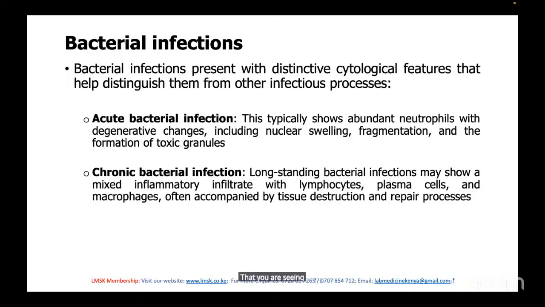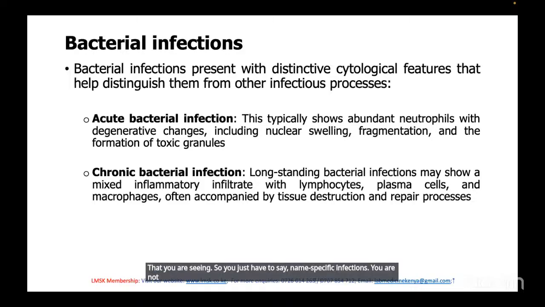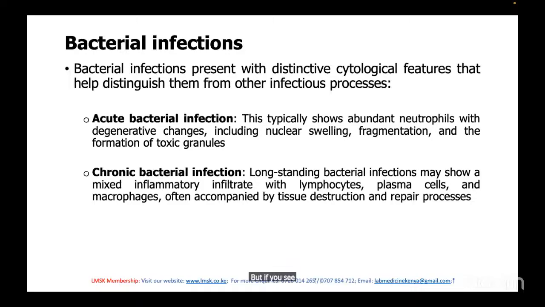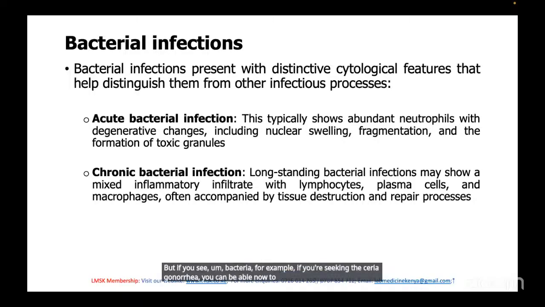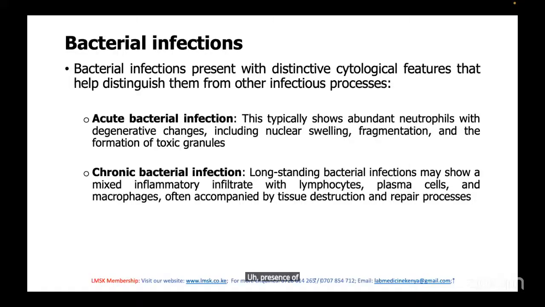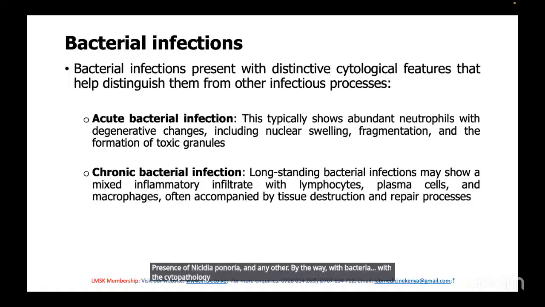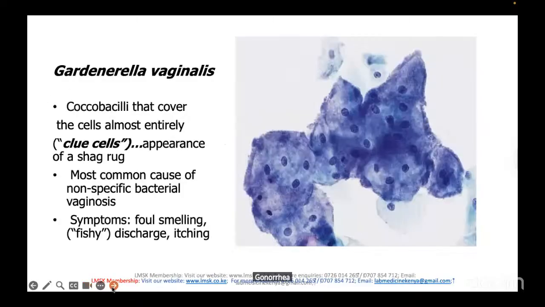So you just have to say non-specific infection. But if you see a bacterium, for example Neisseria gonorrhoeae, you are now able to say the inflammation is due to the presence of Neisseria gonorrhoeae, and any other. By the way, with cytopathology, you can also demonstrate the presence of Neisseria gonorrhoeae and many others, but I didn't give that as an example.